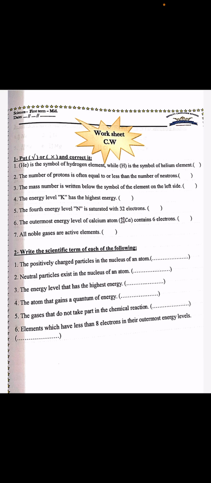Number 6, the outermost energy level of calcium contains 6 electrons. Wrong. The outermost energy level of calcium contains 2 electrons. When we do an electronic configuration, the first energy level takes 2, the second 8, the third 8, the last one 2.